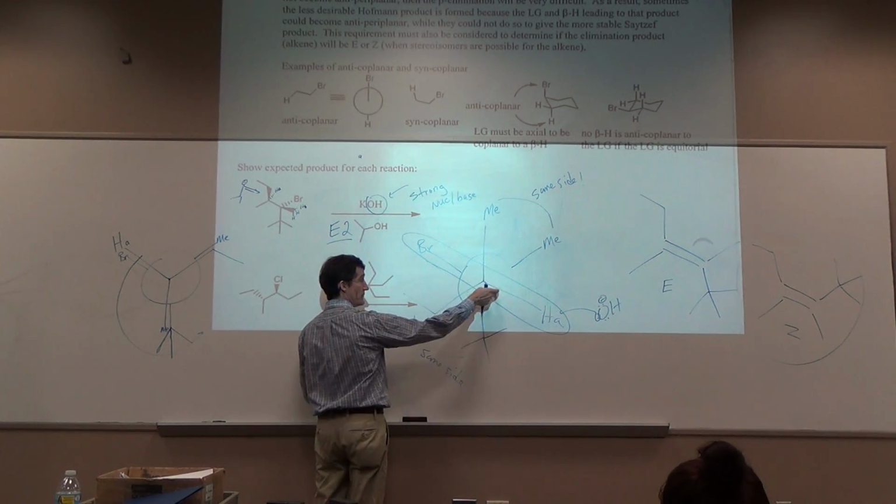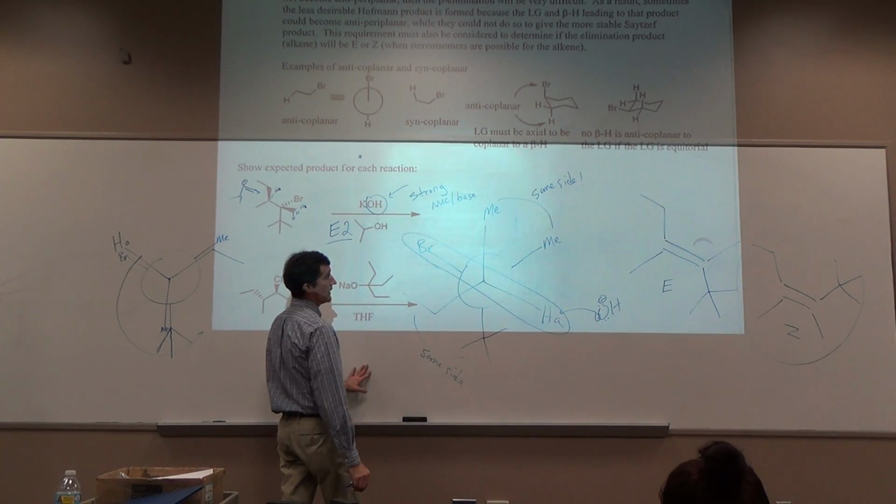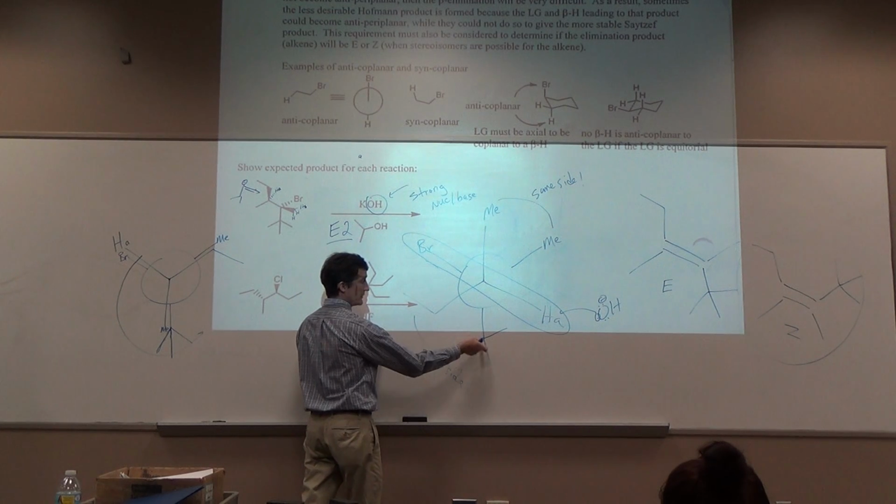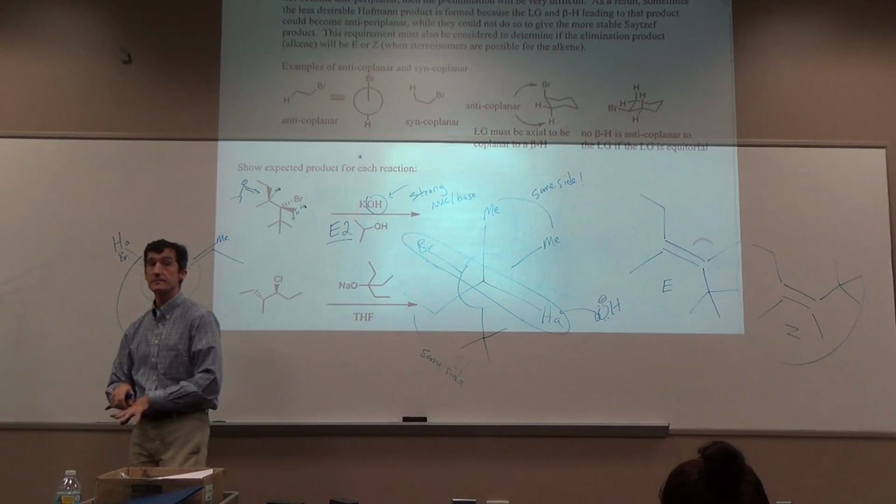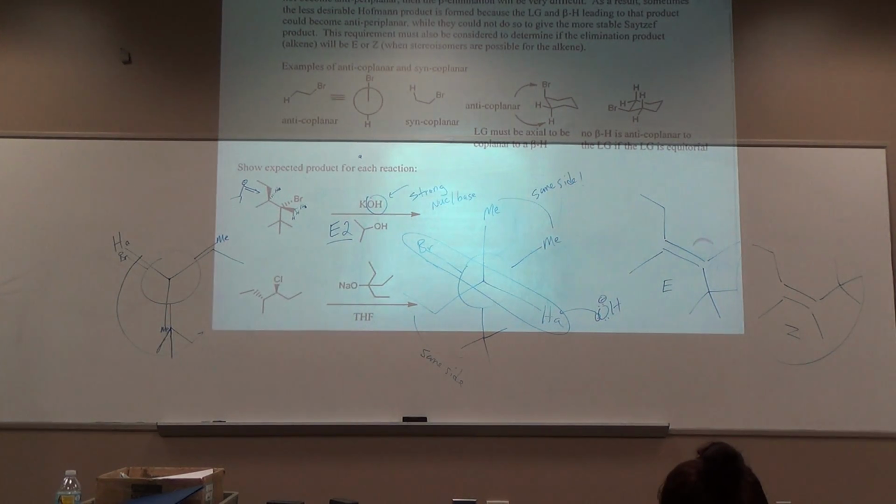Is this the best conformation? No, putting these big groups next to each other, not the best conformation. So what makes it preferred? Nobody asked why it had to be anticoplanar. Anybody ask why anticoplanar was preferred? Why didn't you ask that back then? Why is anticoplanar preferred?